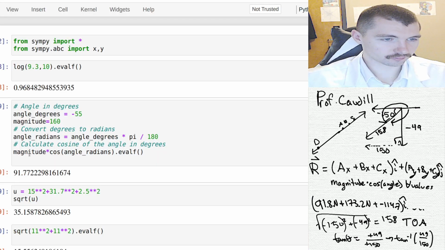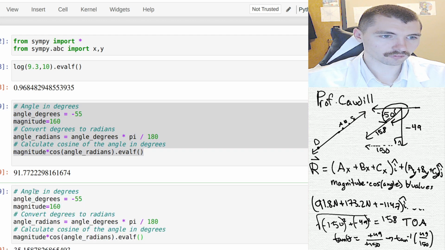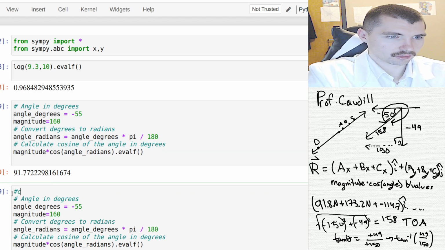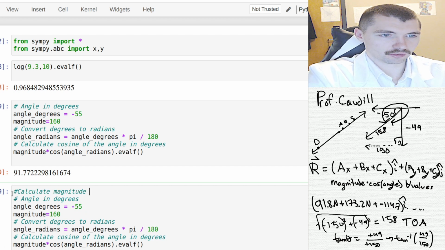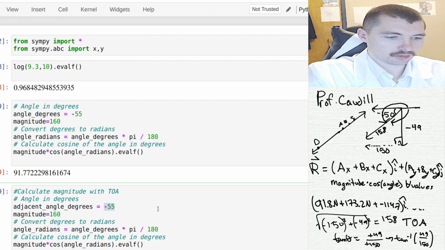Okay. Let's call this calculate magnitude of, so the reference angle is negative 49, negative 150.